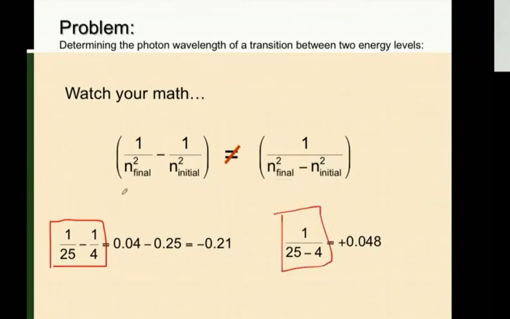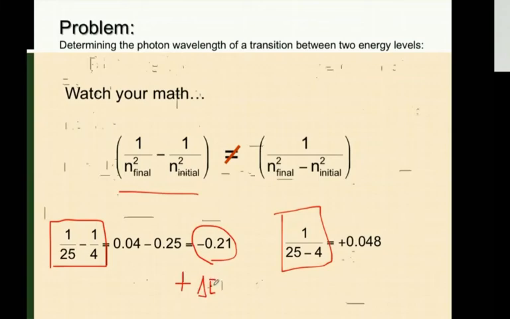You can see that if we do it the correct way, we get a negative value, which will give us a positive delta E, which is what we want because we have an absorbance. Whereas here, if we do it this way, then we get a positive value, which means that we would have a negative delta E, which would indicate an emission of energy, which is incorrect.